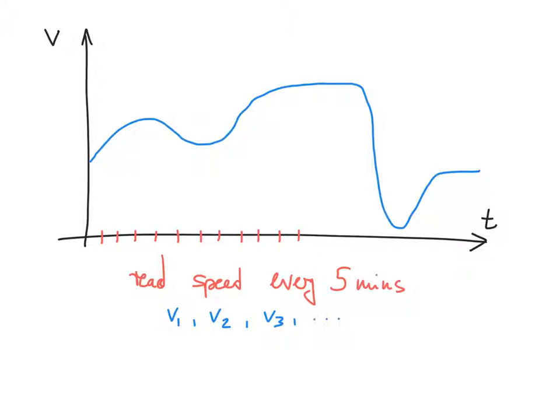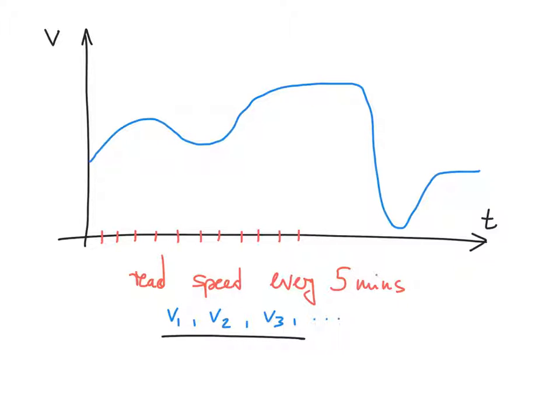This will give you measure points v1, so the velocity after the first 5 minutes, v2, velocity after the second 5 minutes, v3, velocity at 15 minutes drive, and so on, right? And your passenger records these. So he or she keeps a sheet and notes all of these measured speeds, right?